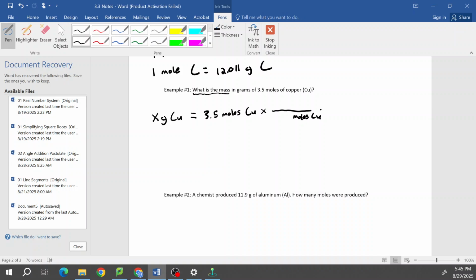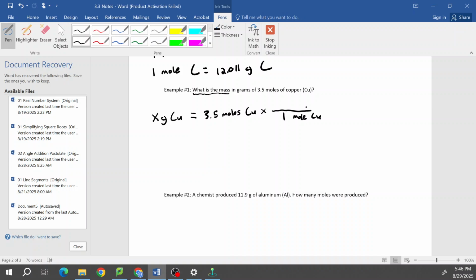Okay, now, do I have a conversion where I can convert 1 mole of copper into something useful? Well, it turns out I actually do. Because if I look at the periodic table and I try to find copper, 1 mole of copper has to be equal to its atomic mass in grams.